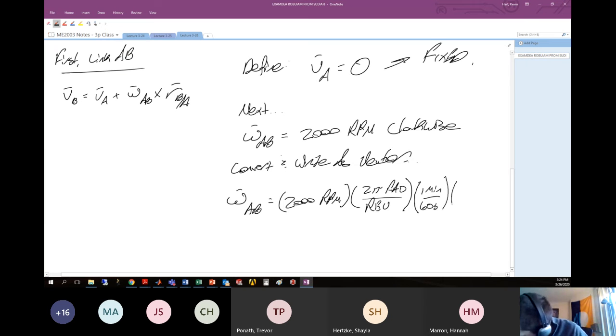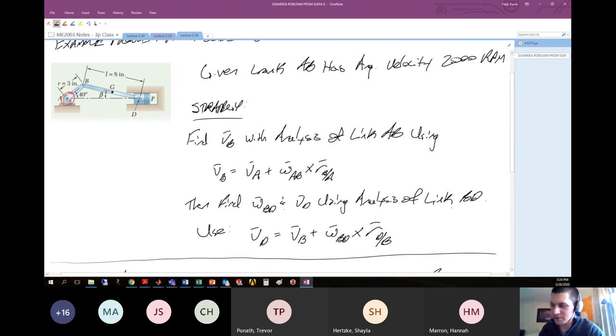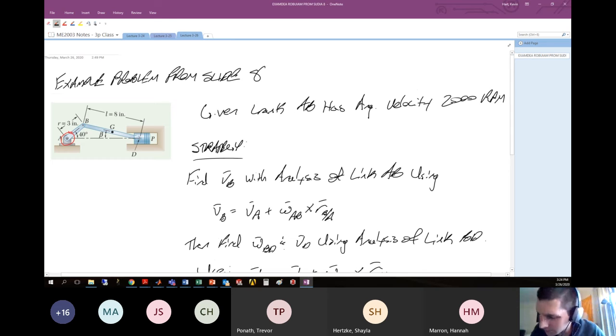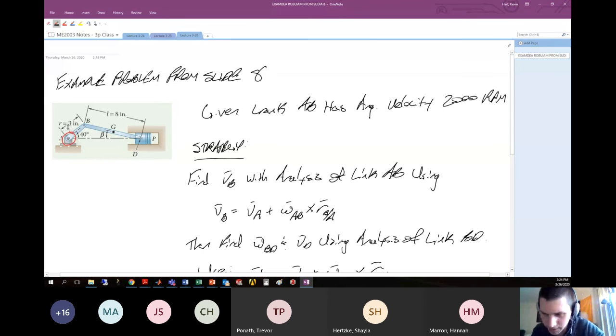We also know that this rotation is in the clockwise direction. If we go back up to our picture, the rotation of this is in the clockwise direction. With our right-hand rule, I don't know if it's my right hand or left hand to you guys.